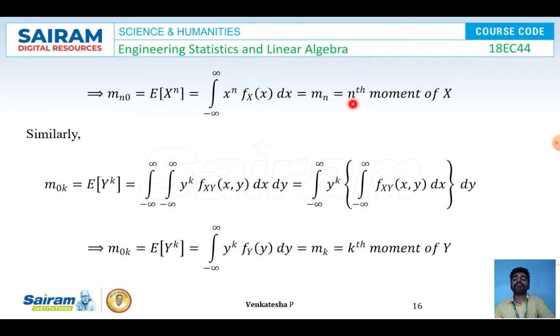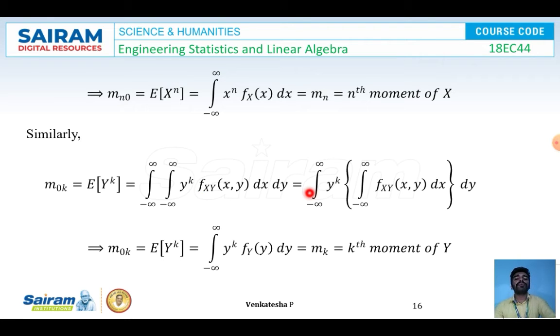Similarly, I can find the expectation of y^k by replacing n equal to 0. That is, m_0k is equal to the expectation of y^k, which is the double integration from minus infinity to plus infinity of y^k f_XY(x, y) dx dy.